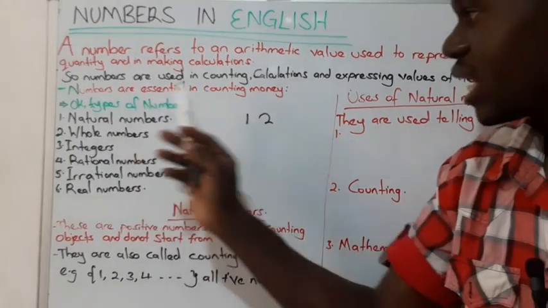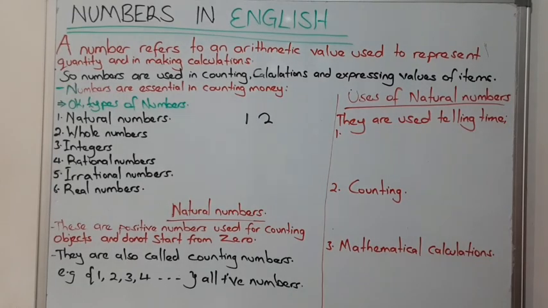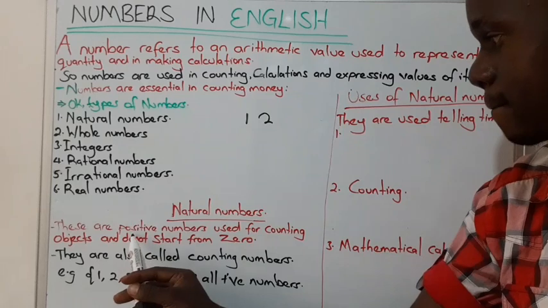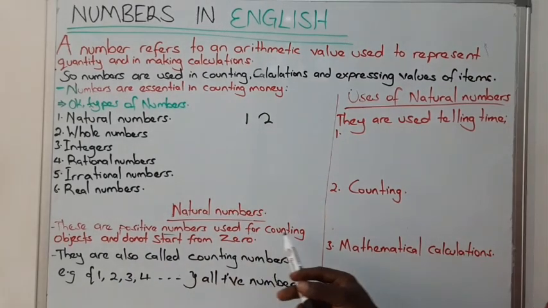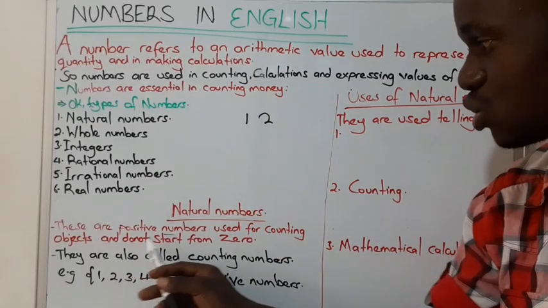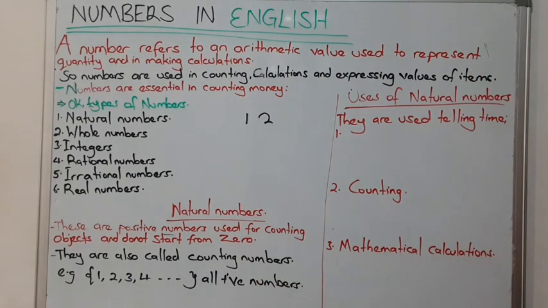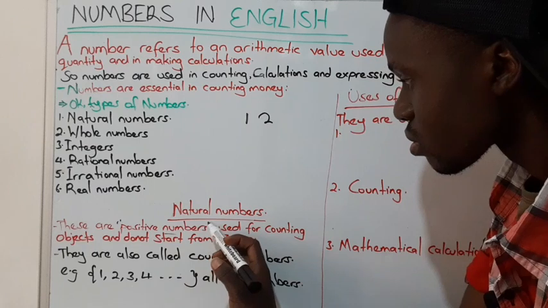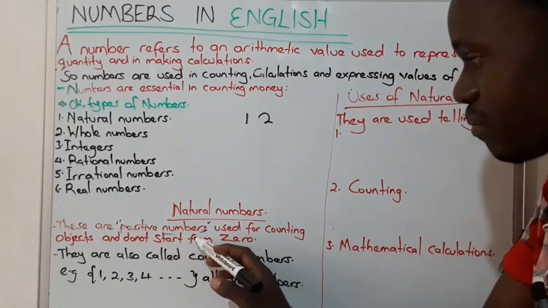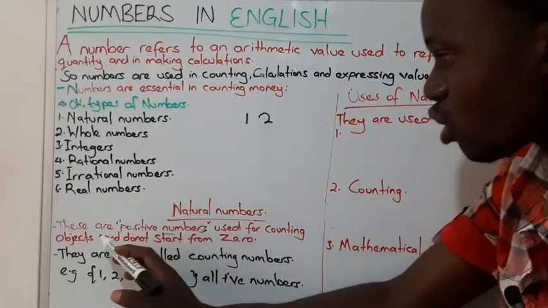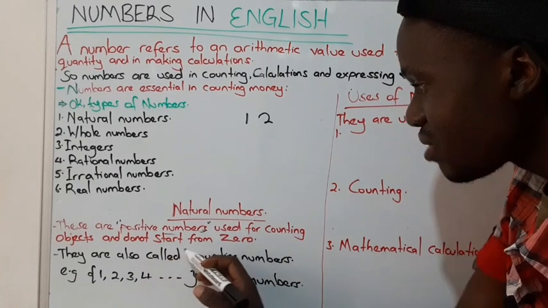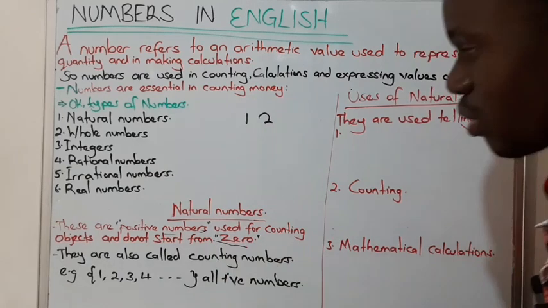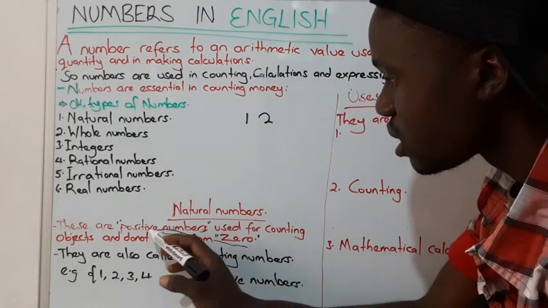Let's start with natural numbers. What are natural numbers? Natural numbers are positive numbers used for counting objects and do not start from 0. This indicates that natural numbers don't have a 0 in them, and they are all positive numbers.